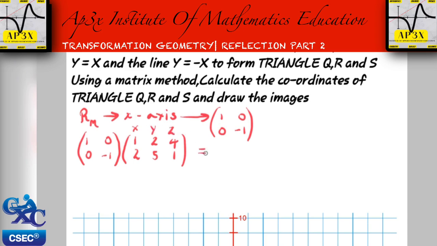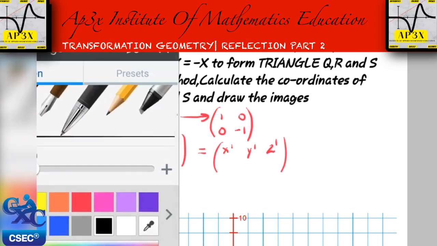And then by doing row by column, we're going to get the coordinates of the image, X prime, Y prime, and Z prime. So we're going to go row by column here. Basically we're multiplying the top numbers by 1, and the bottom numbers by -1.